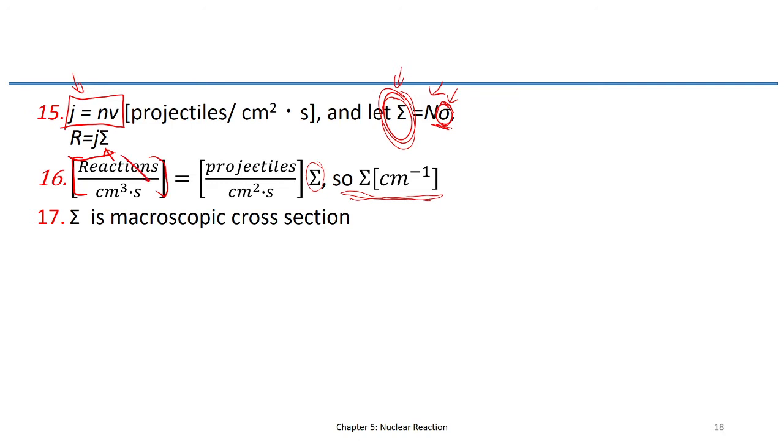Because reaction and projection do not have a proper unit, you can just neglect them. Second, we cancel, and here the power of 2 is cancelled, but at the left side you have only the centimeter left.